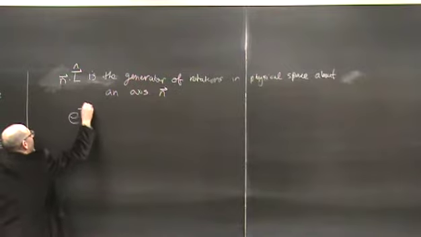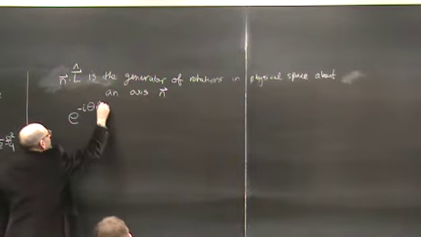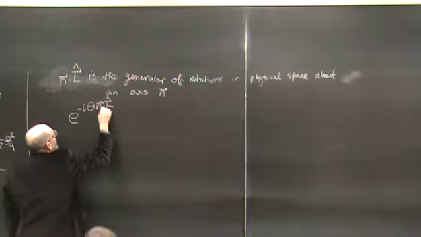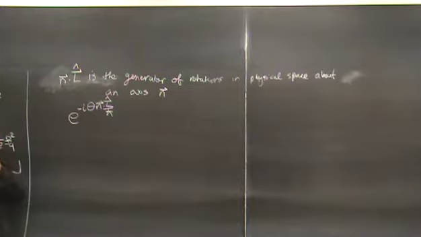e to the minus i theta n dot L hat over h bar, what does that operator do? Rotates about n by theta.